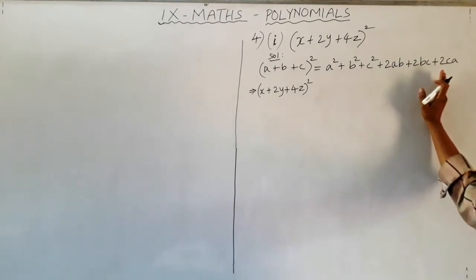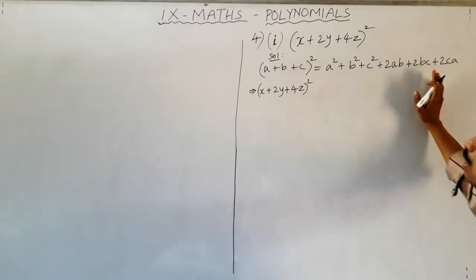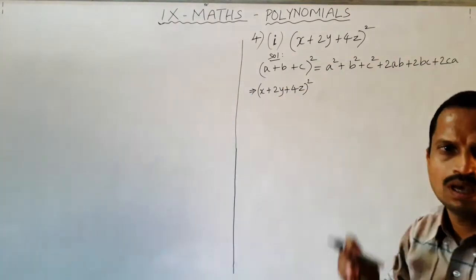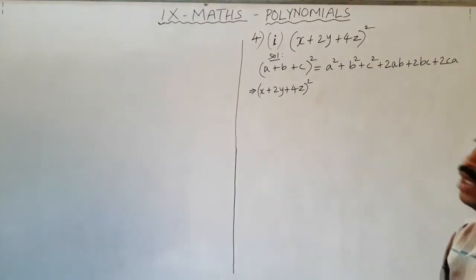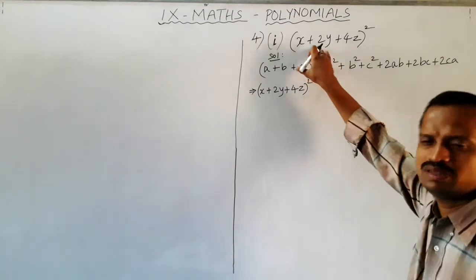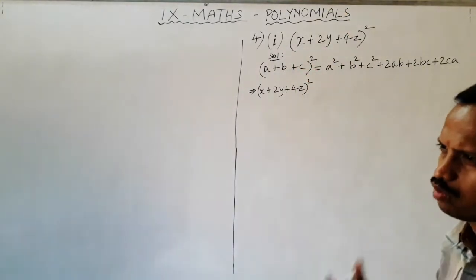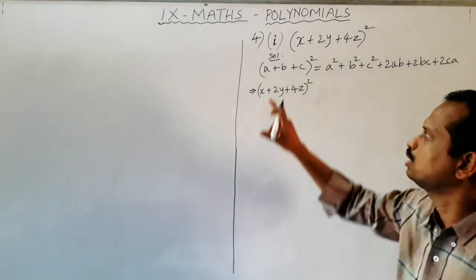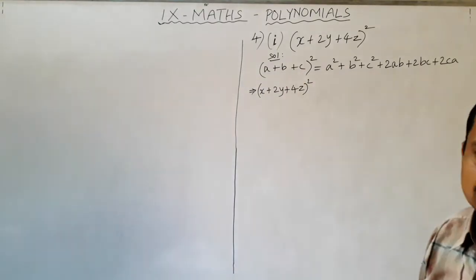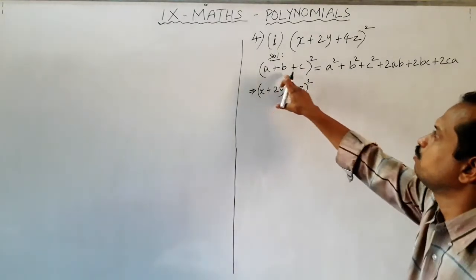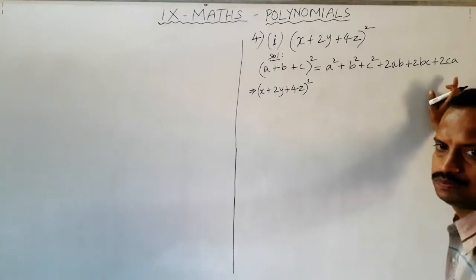So, in the beginning, in the identity, instead of abc, I wrote xyz. But here in the question itself, the variables are x, y, z. So to avoid confusion, instead of x, y, z, I have taken a, b, c for the identity. Clear? So (a plus b plus c) whole square is this much.